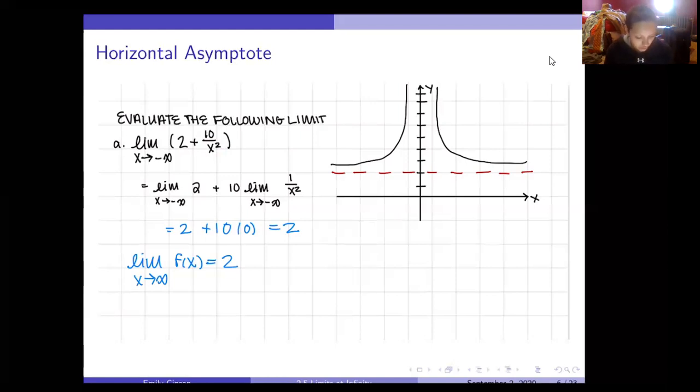Anything else? Furthermore, you can probably notice that we've also got a vertical asymptote at x equals 0. And why is this? This is because we've got a divide by 0 error. If we were interested in the limit as x approaches 0 of f of x, when we go to try and plug in 0, we get a divide by 0 error here.